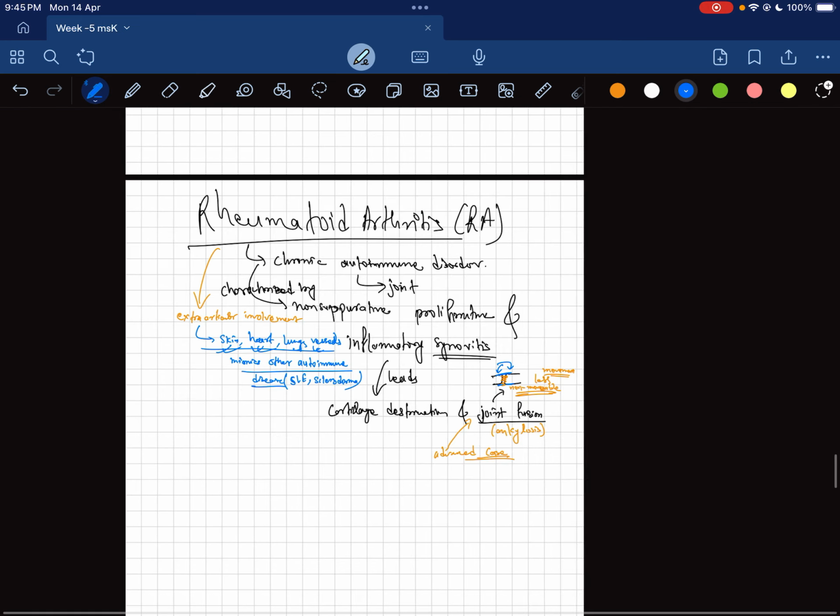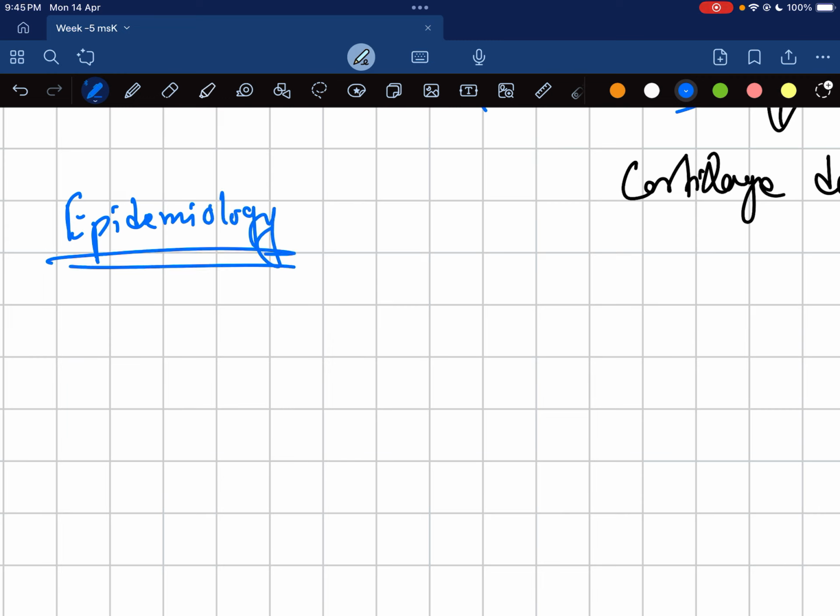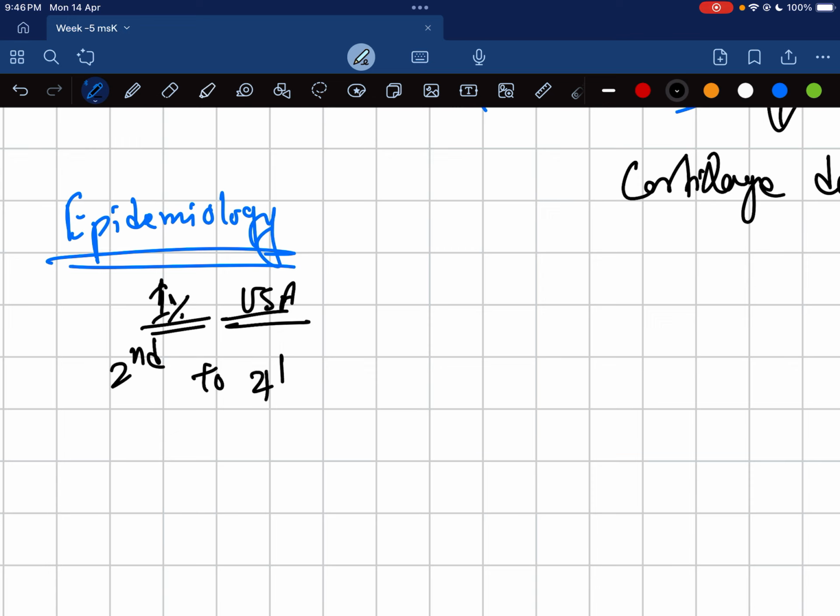When we look at the epidemiology of this disease, about 1% of people in the USA suffer from it, with peak incidence of onset in the second to fourth decade.